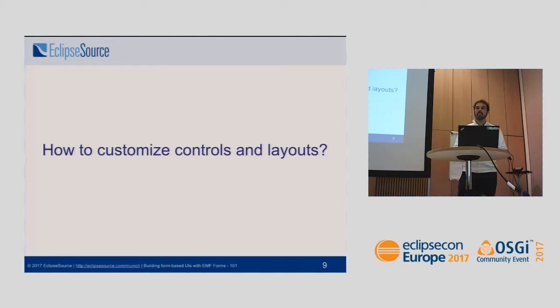The good news is you can replace every single part which is actually created in the UI, because the renderer component that I had on my third slide is not one big class which completely processes the view model, but in fact there is one renderer per view model element, or more precisely, there can be even several renderers for every view model element. And you can decide very precisely which renderer will be chosen to render which element.